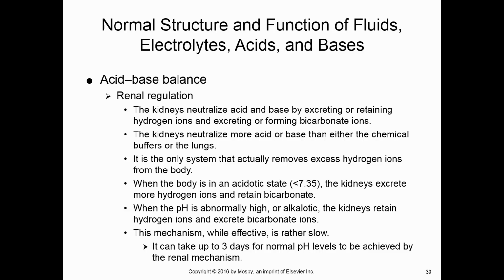If the kidneys detect an acidotic state, then they'll start excreting more hydrogen ions and forming more bicarbonate ions to neutralize that. If the kidneys detect an alkalotic state, then they will start conserving hydrogen ions, or the acid, and they'll stop forming so much bicarbonate. Okay, so just kind of walk that through.